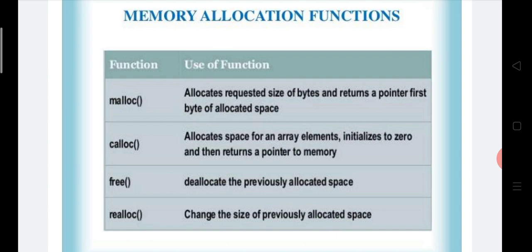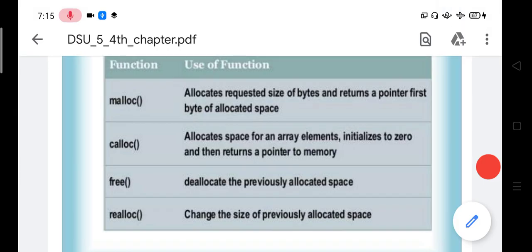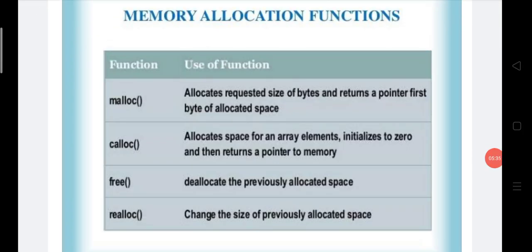The second one is calloc. It allocates space for array elements, initializes them to 0 and then returns a pointer to the memory. calloc is normally used for requesting memory space at runtime.